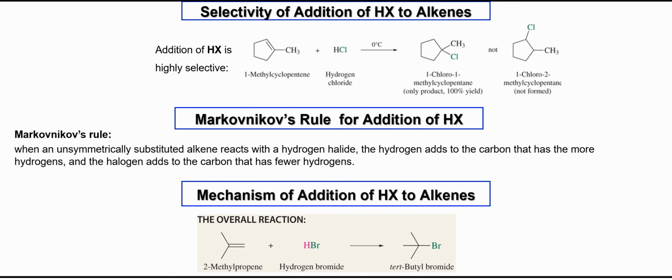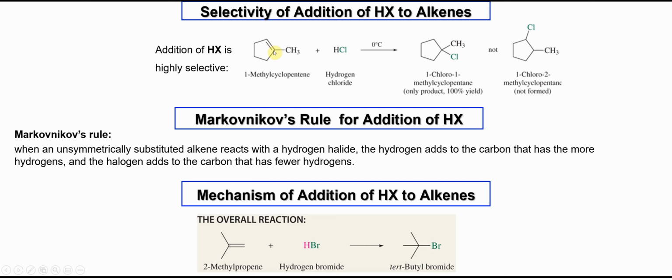For example, if I have this 1-methylcyclopentene reacted with hydrogen chloride at 0 Celsius, what's going to happen? You are going to produce a chloro-substituted methylcyclopentane. You have two possibilities for the two double-bonded carbons which react with HCl.